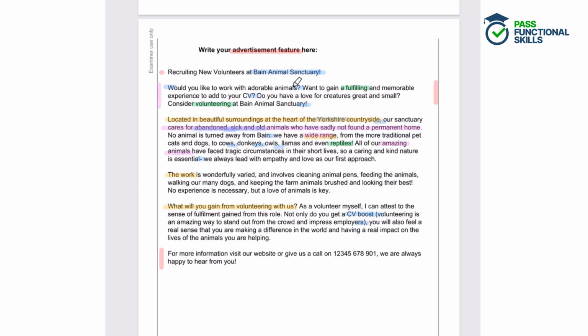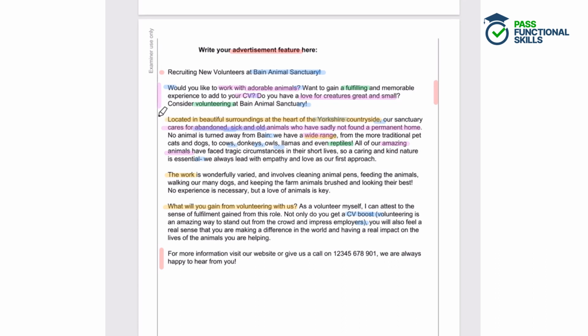So we know from these questions that the advert will be about working with adorable animals. We know that it will boost the CV, and we know that it requires a love for creatures great and small. So a really clever and persuasive way to introduce the advert here.